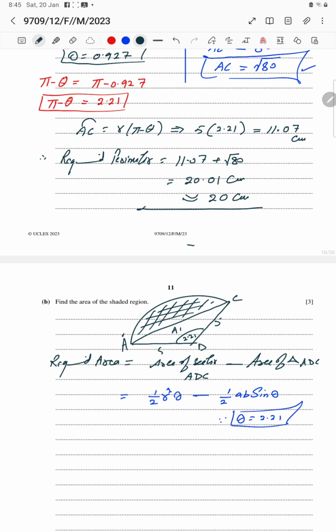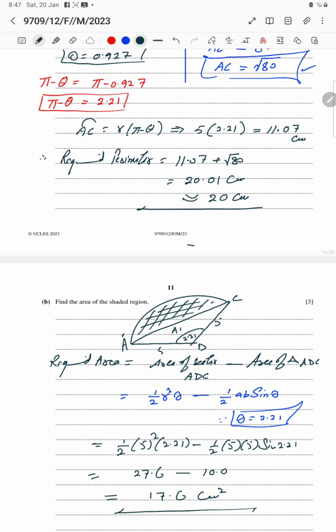Now substitute the values. 1 by 2 times 5 square times 2.21, minus 1 by 2 times 5 times sine of 2.21. So use the calculator and get the answer. Once we calculate on the calculator, the final result is 17.6 centimeter square. That is the final answer. I hope you got it.